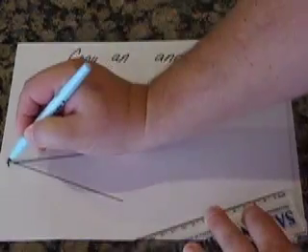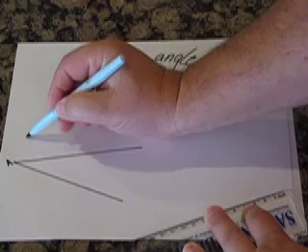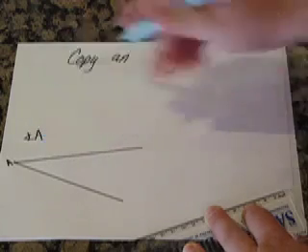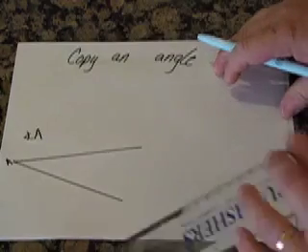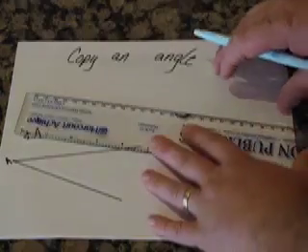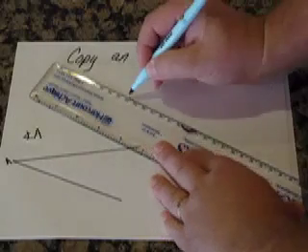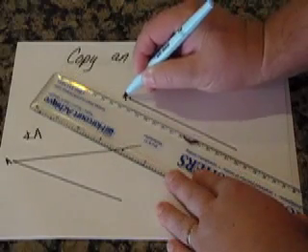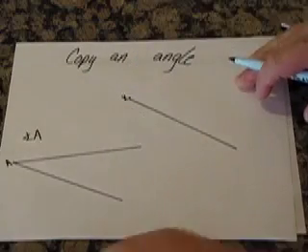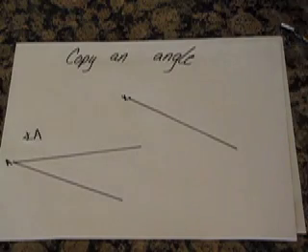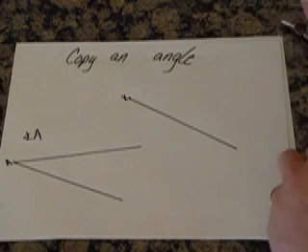We're going to call it angle A. Alright, so there's angle A. I want to copy that angle. To copy it, I need to start with a line segment and a point, we'll call it X. And we're going to make angle X so that it's exactly the same size as angle A.